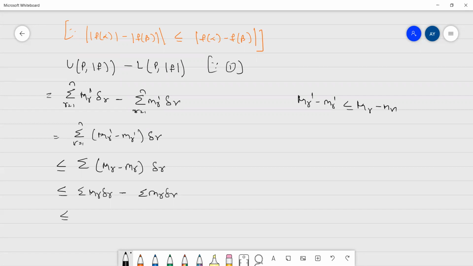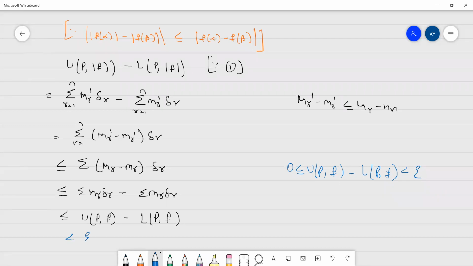This is less than or equal to U(P, f) minus L(P, f). Obviously, we have studied from one of the theorems that 0 is less than or equal to U(P, f) minus L(P, f), which is less than epsilon. So as this is U(P, f) minus L(P, f), obviously this will be less than epsilon.